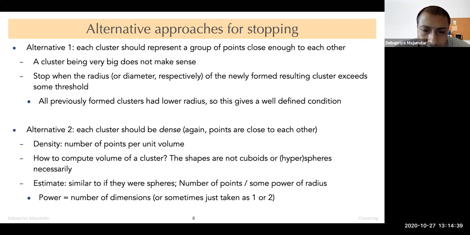However, in some cases, people just take that power to be 1 or 2. You all know that the one case corresponds to the Manhattan distance kind of a thing, and 2 cases L2 norm, and so on. By the way, just one point: have you studied the different kinds of distance measures? L1, L2, L infinity.